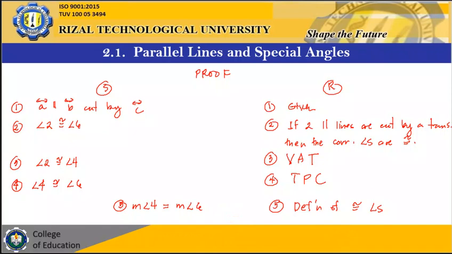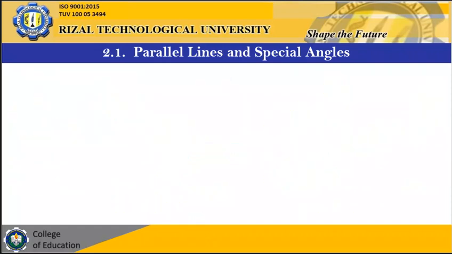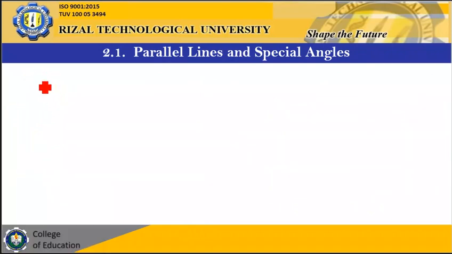Okay, so let's continue. From the given figure, we can say that angle 3 and angle 4 form a linear pair. So let's write it down. Angle 3 and angle 4 form a linear pair.